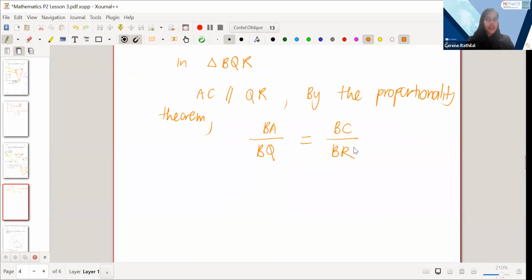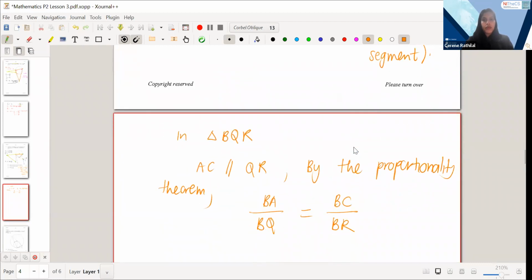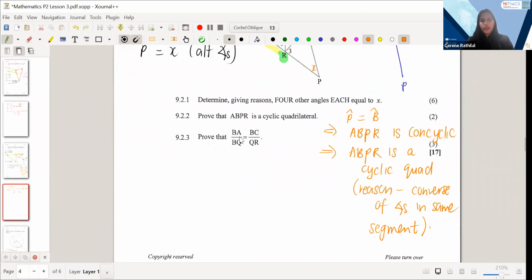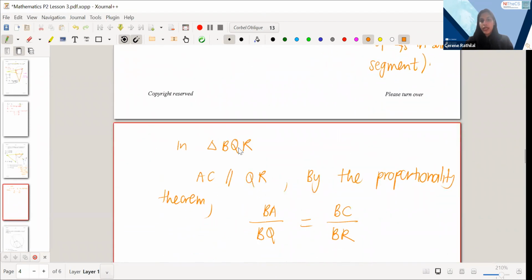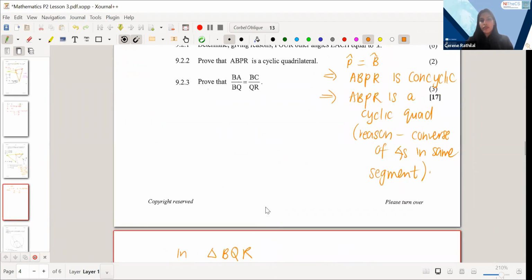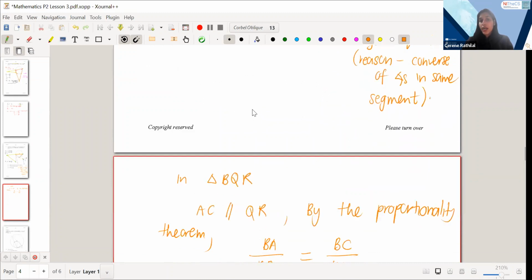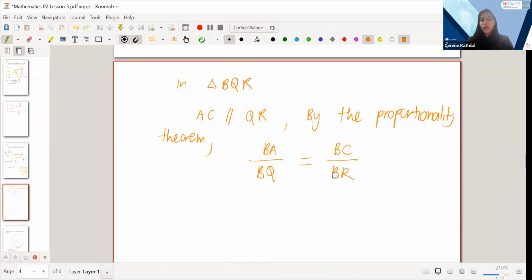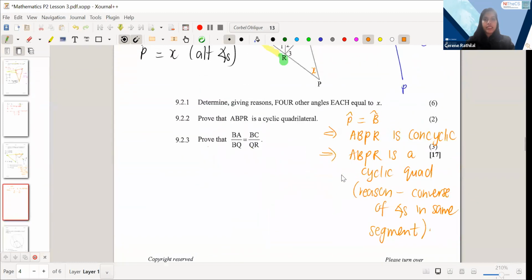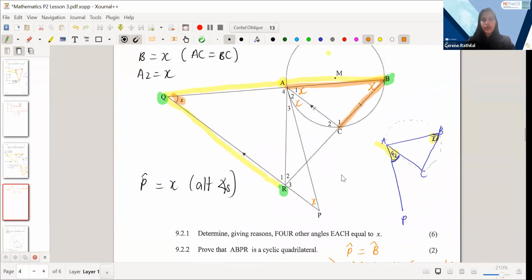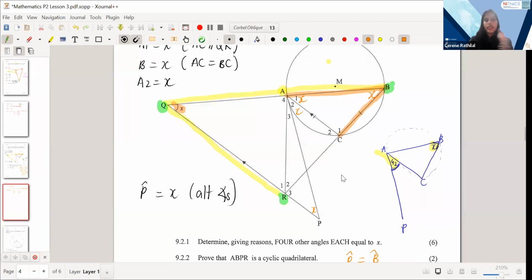So we have a ratio, but it is not the ratio that we require. We've got BA over BQ, and it's equal to BC over BR, not over QR. In place of QR, we have got BR. So is there a way for us to see how these things are related? Can anybody see if BR and QR are related in any way?